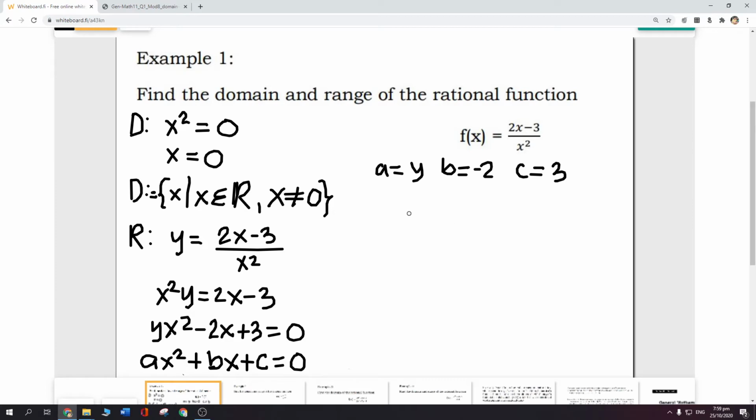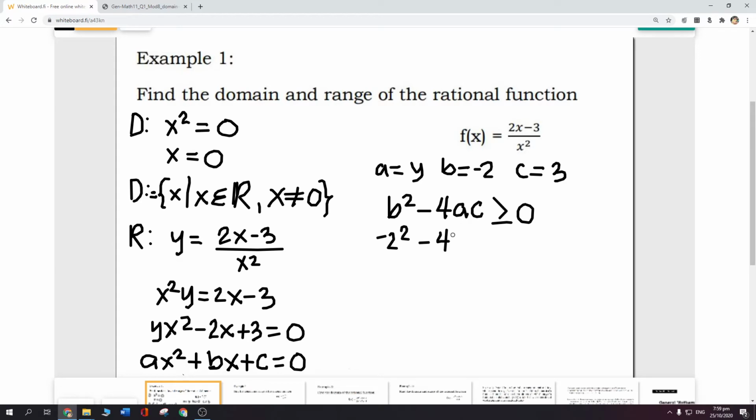And we are going to use the radicand in our quadratic formula, which is equal to b squared minus 4ac. Since it is a radicand, it should be greater than or equal to 0. So we are going to substitute now negative 2 squared minus 4.